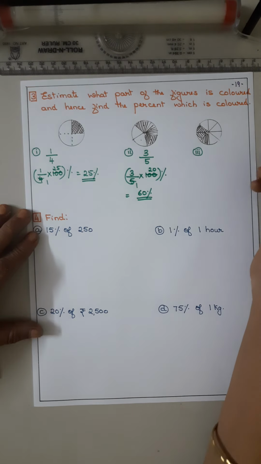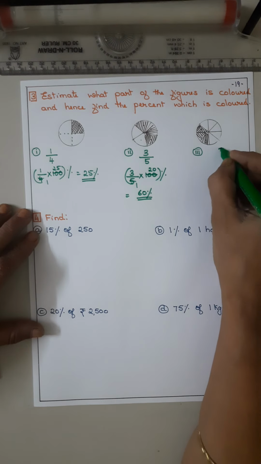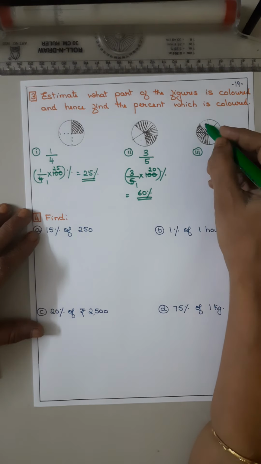Now coming to the third figure. 1, 2, 3, 3 are colored. 4, 5, 6, 7, 8. So total 8 parts. So the fraction is 3 by 8. Now 3 by 8 into 100%. Now 4 twos are 8, 4 25s are 100. Now 25 threes are 75 by 2.